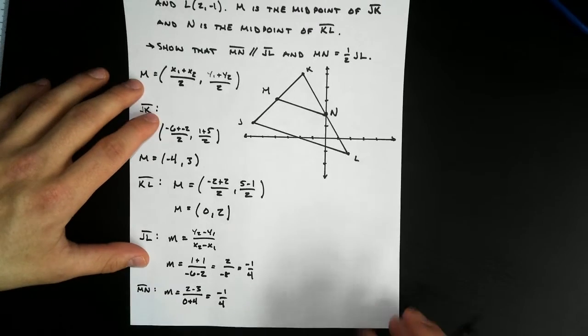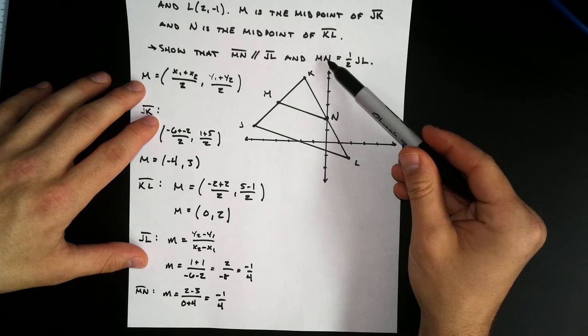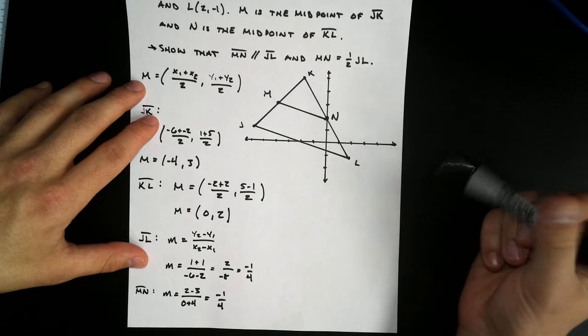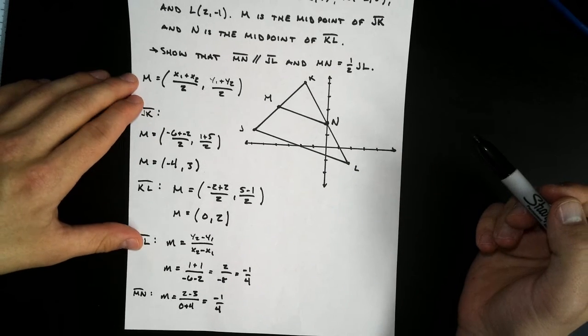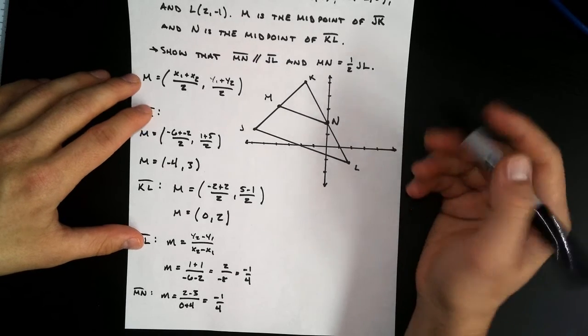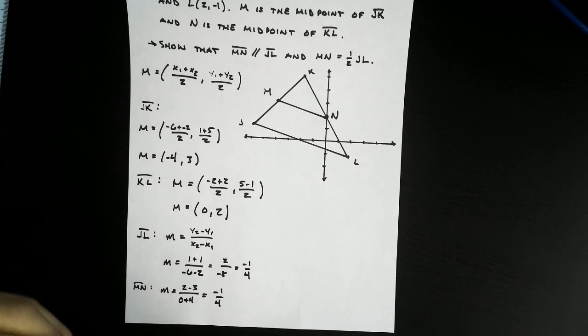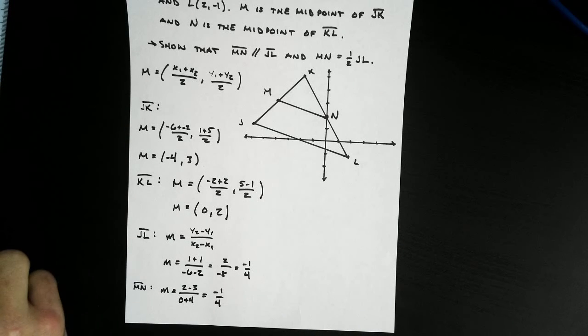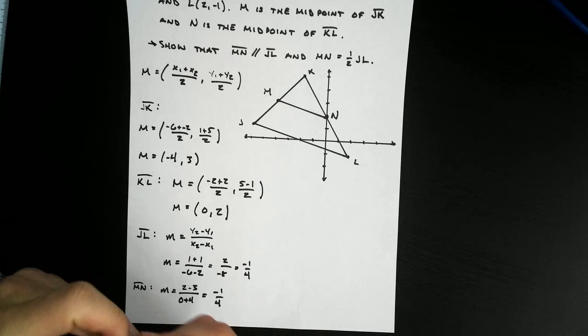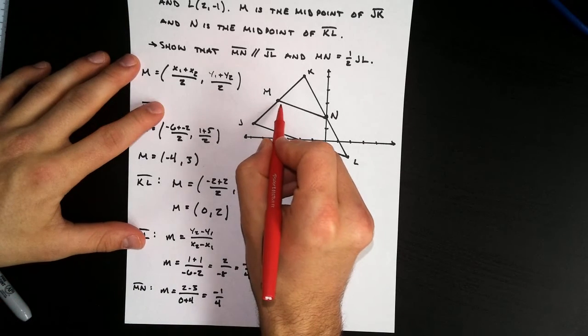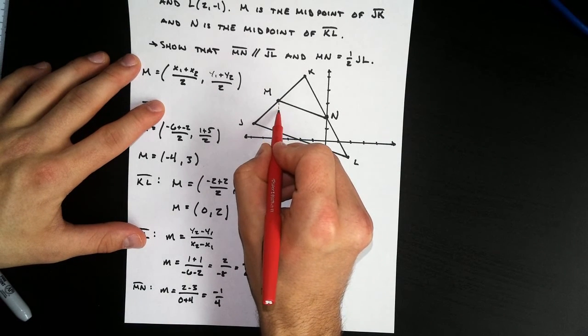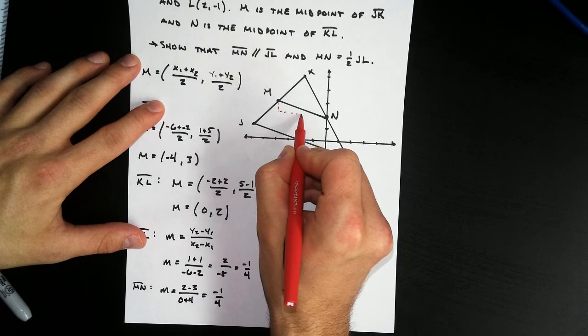The second thing we need to test is we need to show that the length of MN is half as big as JL. So to figure out their length, we can do the distance formula, which would work, or we can also use the Pythagorean theorem. So you have options. Either way works. To use the Pythagorean theorem, we want to drop in this right triangle.